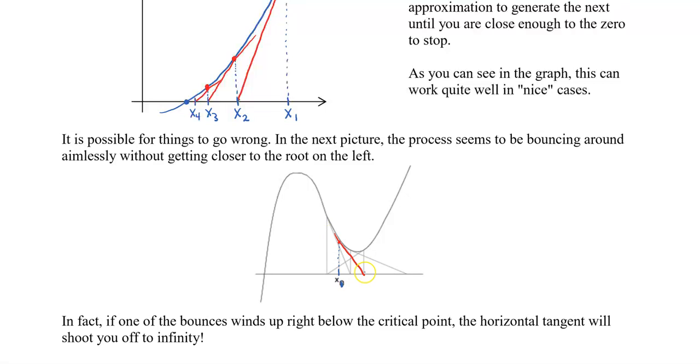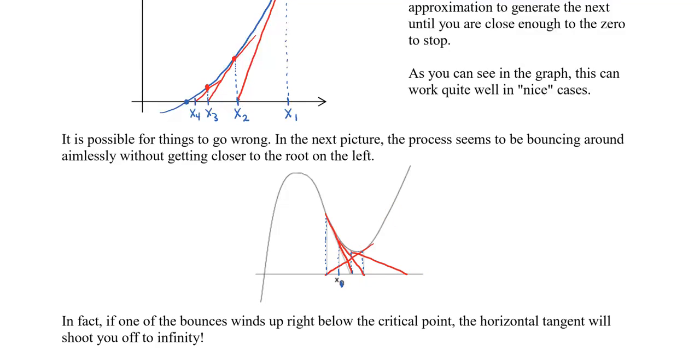And then I go up the curve again. And then I slide down my tangent. And then I go up the curve again, and slide down the tangent. Then I go up the curve again, and then I slide down the tangent.